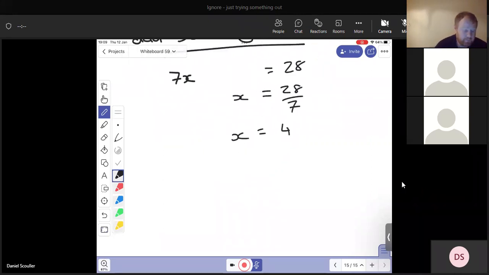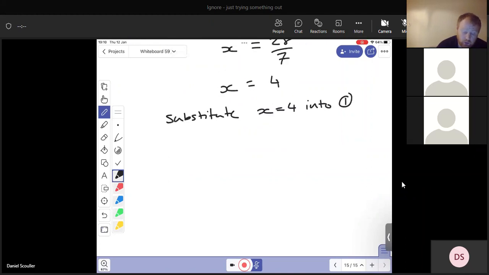Substitute. Find the other unknown. x equals 4 into equation 1 or equation 2, up to you. So equation 1 was 6x plus 5y equals 9.